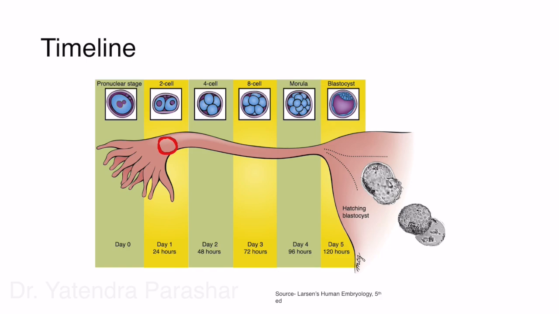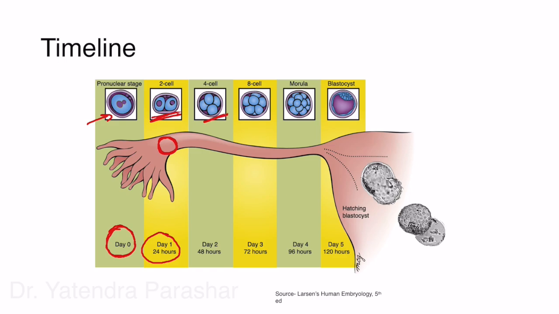A unicellular zygote forms, which has the diploid number of chromosomes, and this is the pronuclear stage on day 0. This is on the day of fertilization. After 24 hours it divides and forms a 2-cell structure, and again after the next 24 hours it divides to form a 4-cell structure.